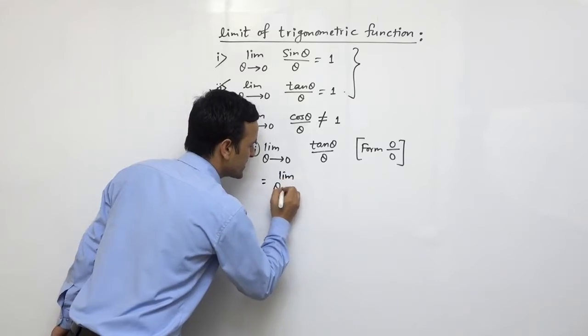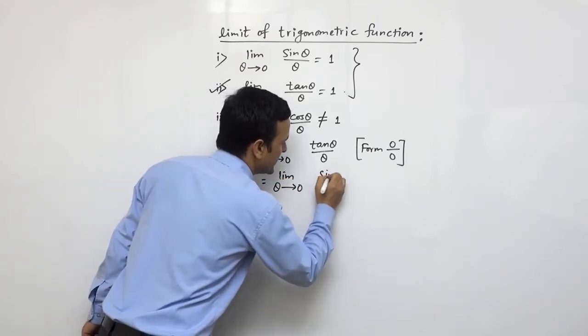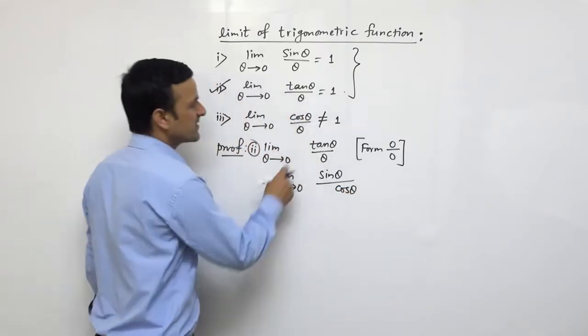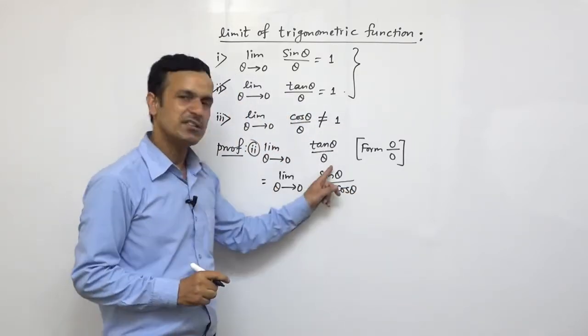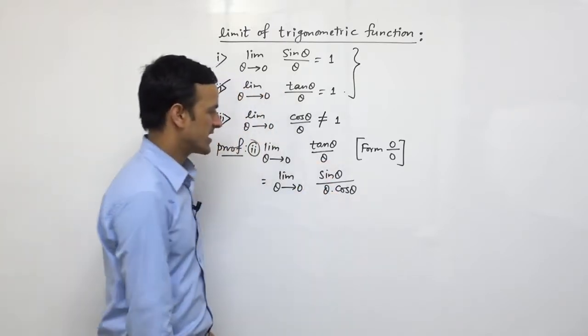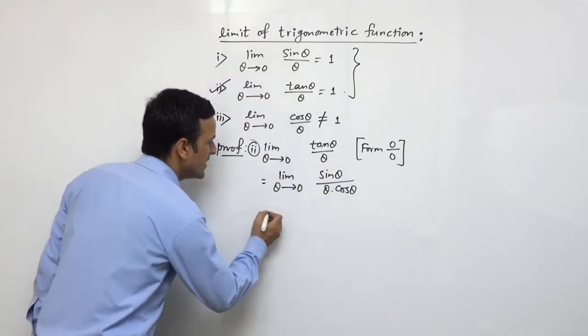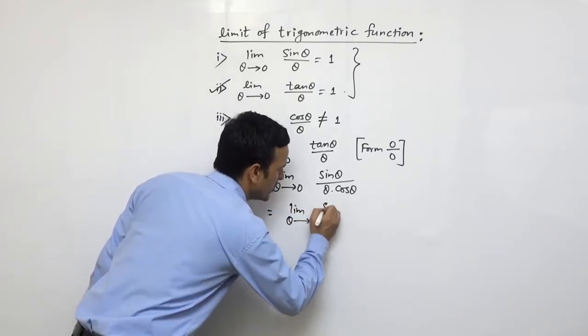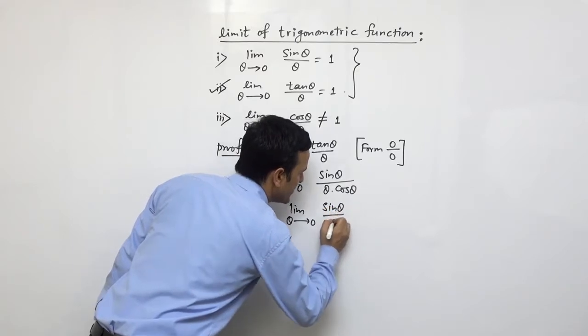So for this we have to solve like this: sin theta divided by cos theta. Tan theta means sin theta by cos theta, and this theta is same. We can put in front of this one. So we can now write limit theta tends to 0 sin theta divided by theta.